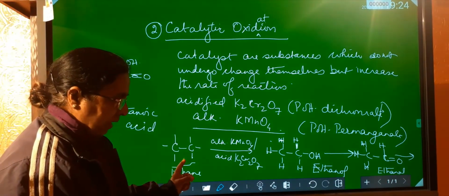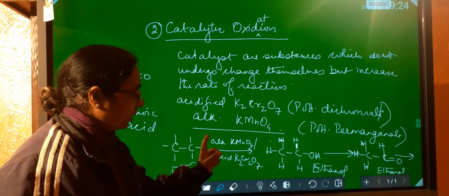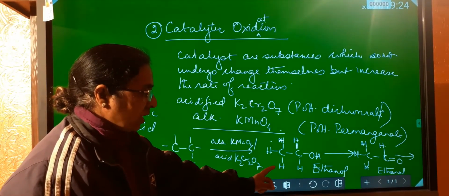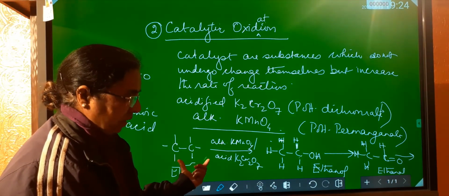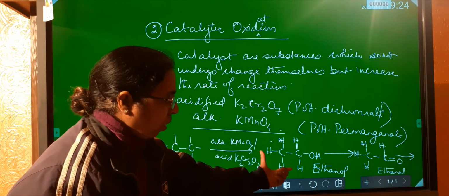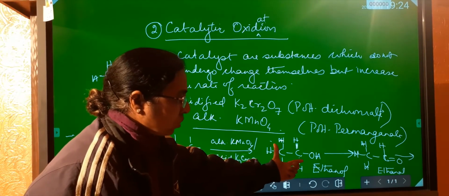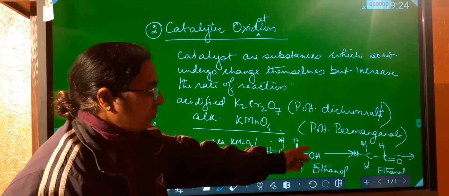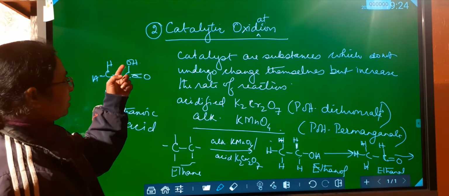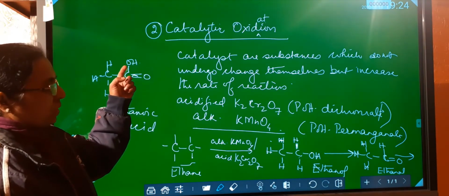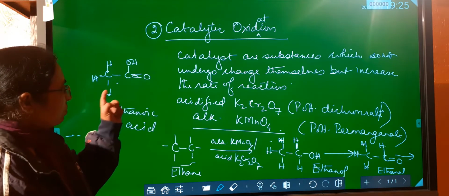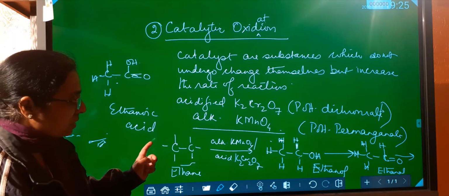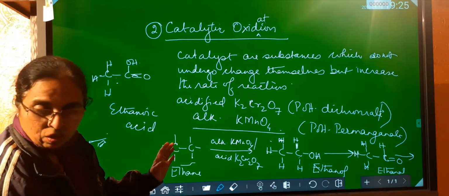First we take an alkane, and when we do catalytic oxidation, it changes into an alcohol, the ol. From the OH group it then changes into the al, that is aldehyde. Then from aldehyde another oxygen is added, and this becomes COOH, which in this case is ethanoic acid. So this is known as catalytic oxidation.